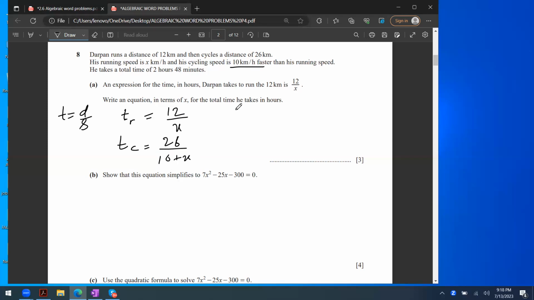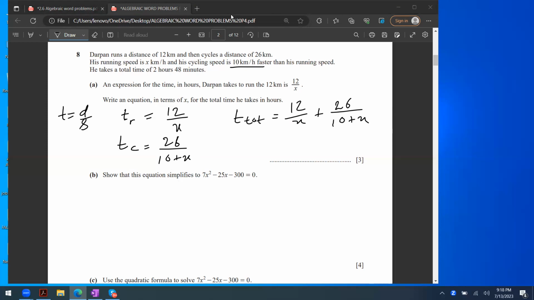You are right. So total time is 12 over x plus 26 over 10 plus x. It will be in hours because distance is in kilometers and speed is in kilometers per hour. I hope it's clear, everyone.